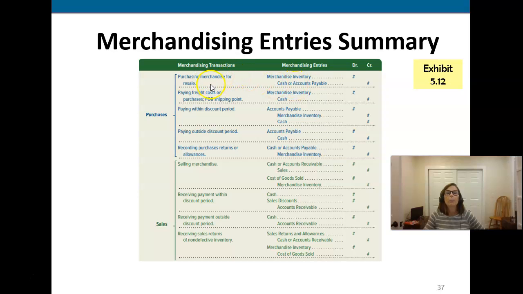So this is your purchasing stuff that you're going to turn around and sell, and this is assuming the freight is FOB shipping point. So then that goes into your cost of your merchandise inventory, any discounts, and I won't continue to walk you down this because I think it's probably pretty self-explanatory if you follow the examples and just check out the journal entries.